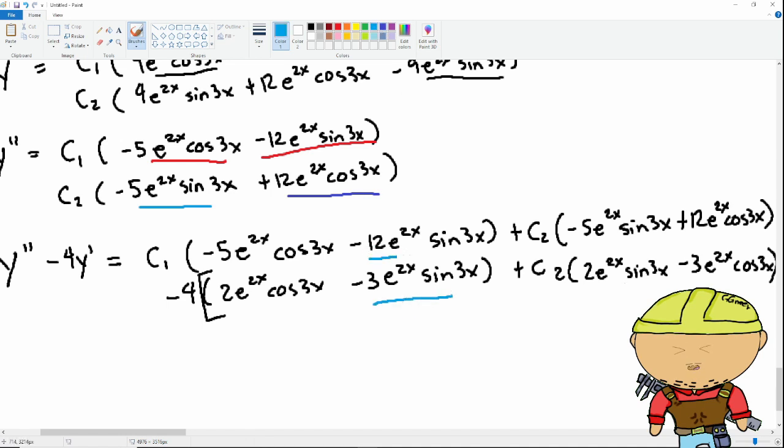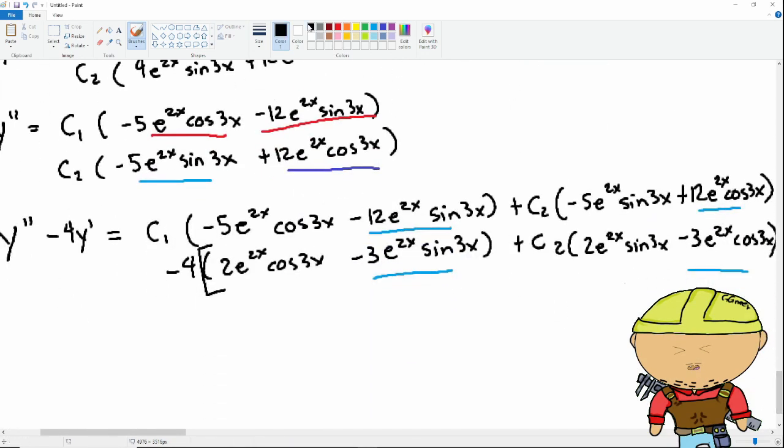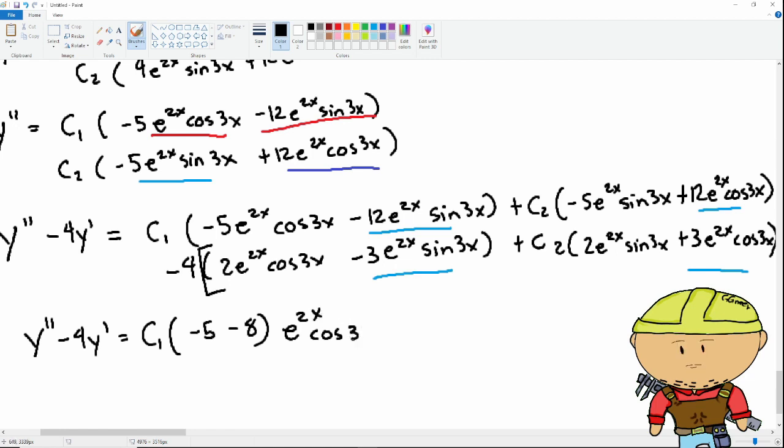If we multiply this by 4 and subtract it from the other term, we can get y double prime minus 4y prime is equal to C1 times negative 5, and negative 4 multiplied by 2 is negative 8, e to the 2x cosine 3x.